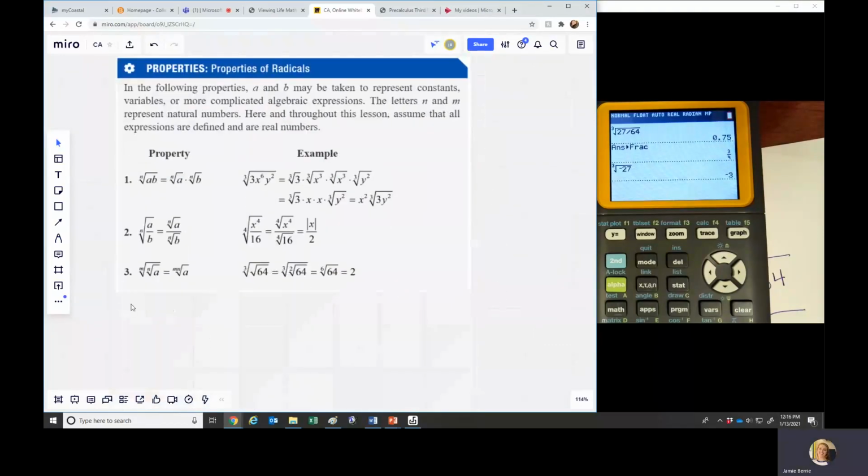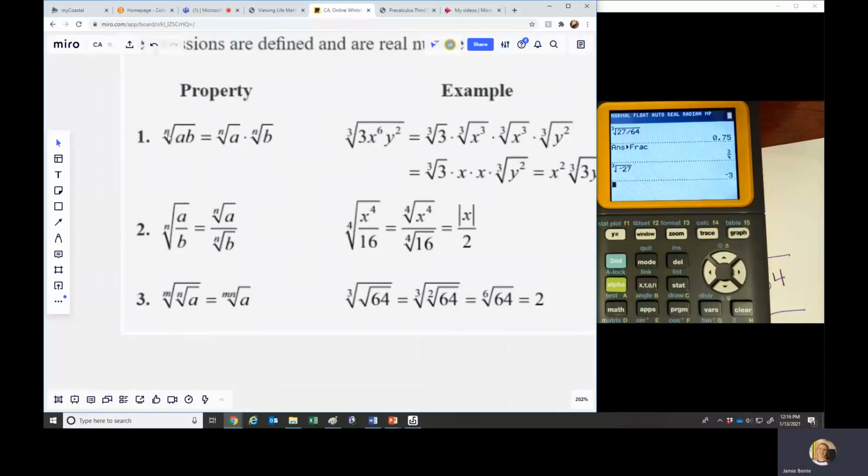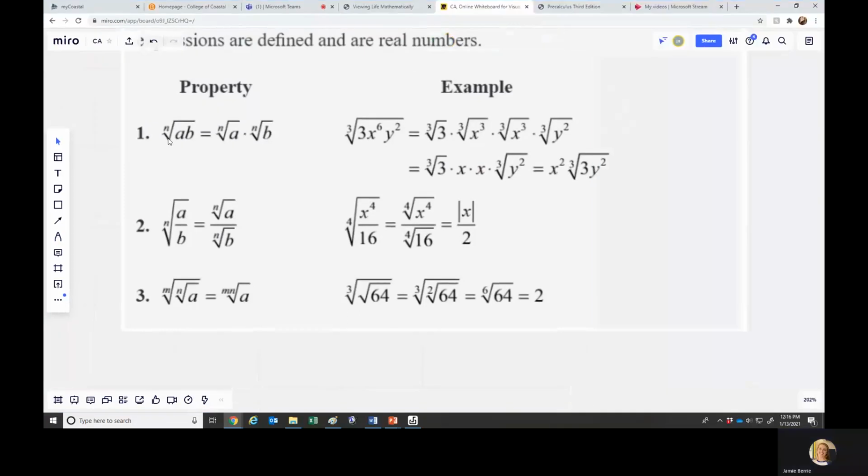And these are the properties of radicals. Right, so the first one says, if you have the nth root of a times b, you can separate that into 2 radicals. Let me make this full screen. The nth root of a times the nth root of b. You can also separate this across division. So you have the nth root of a over b is equal to the nth root of a divided by the nth root of b.